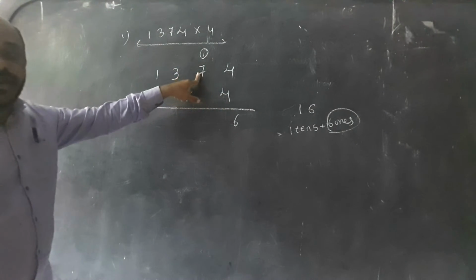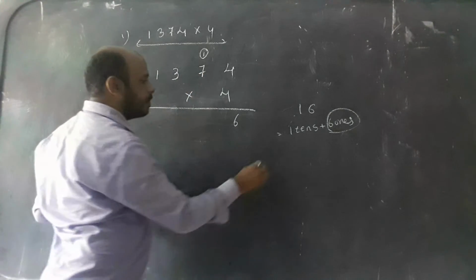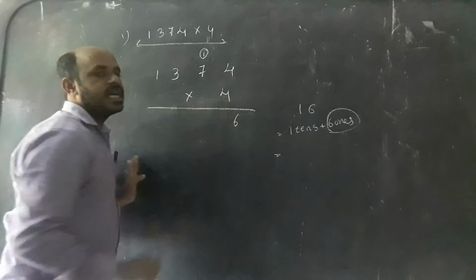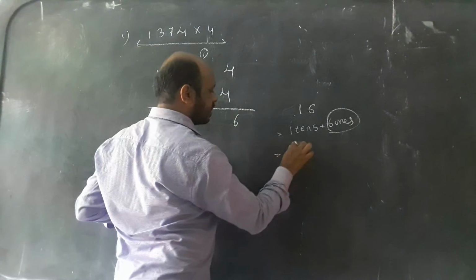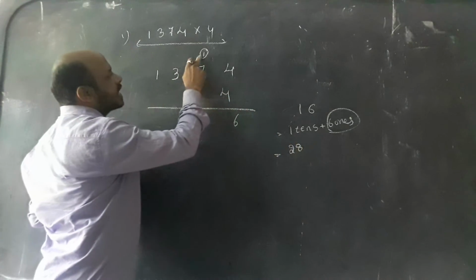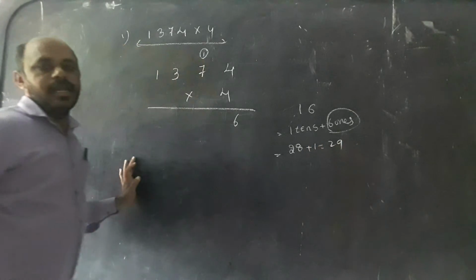Now we have to do the tens place. The tens place is 7. 4 7s are 28. This 7 has 1 carry, so add it and it becomes 29.